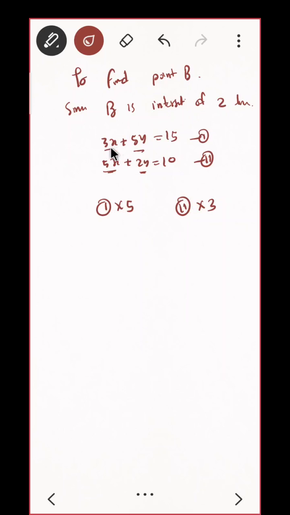What will I get? That is 15x plus 25y is equal to 75. Perfect. And what about the second one? Again 15x plus 6y is equal to 30. Is that correct?